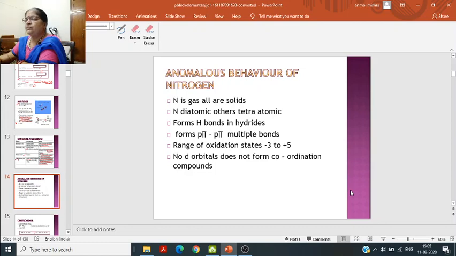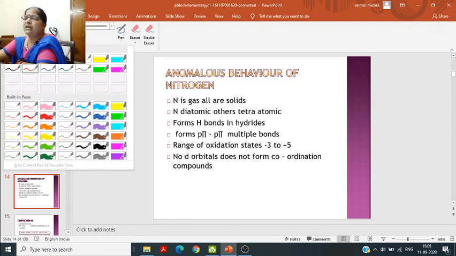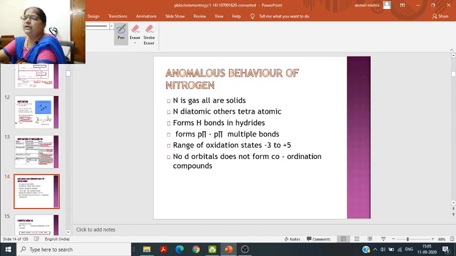Now, all the elements of the second period do not show similar properties to the rest of the elements. For example, nitrogen is the representative element of the 15th group. Now all of them are solids except nitrogen.